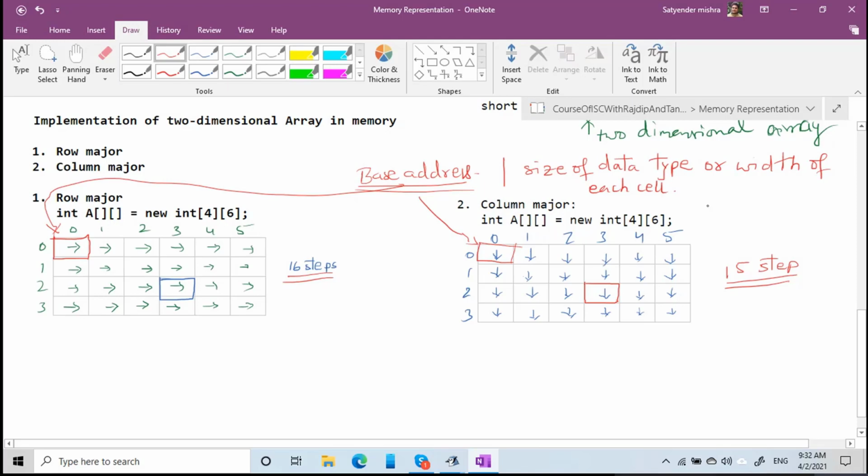Now we have to know the lower bound and the upper bound, or we have to know the number of rows and number of columns.